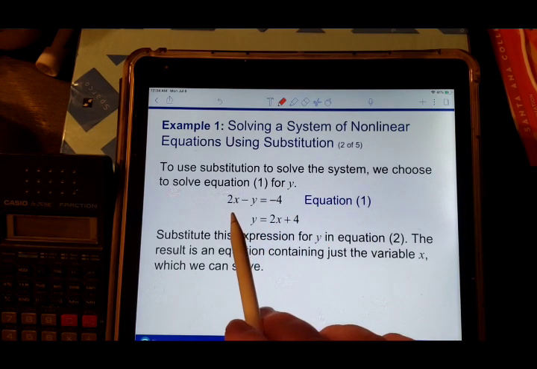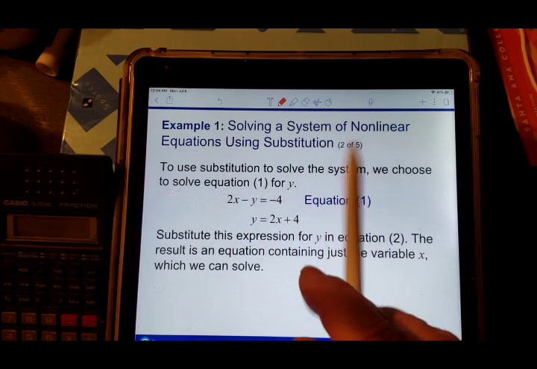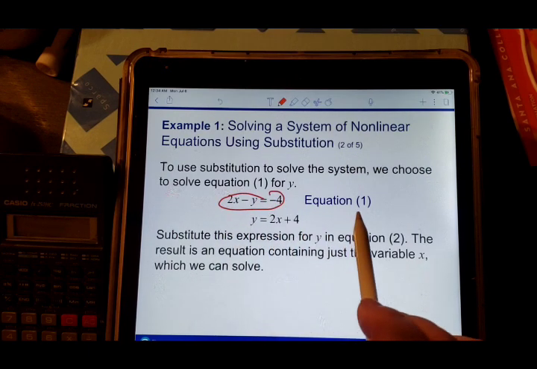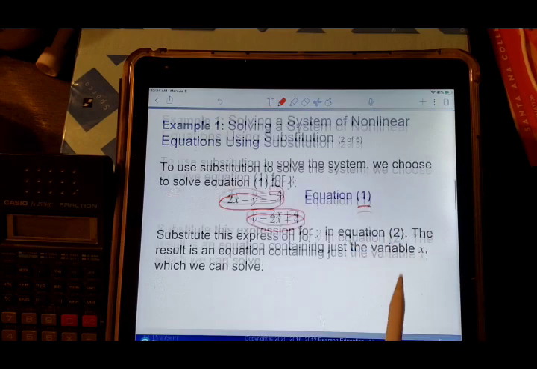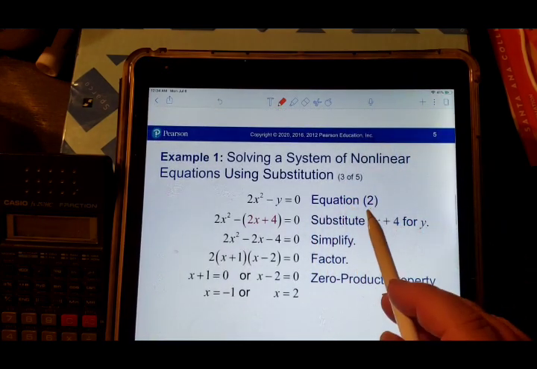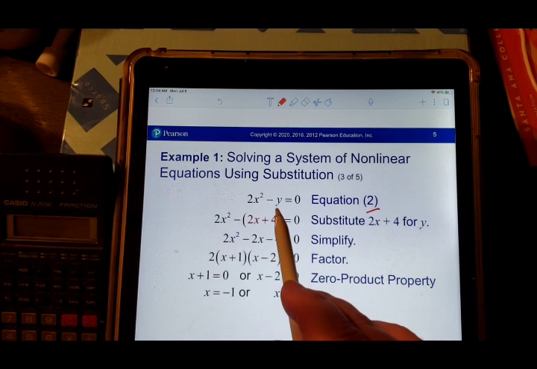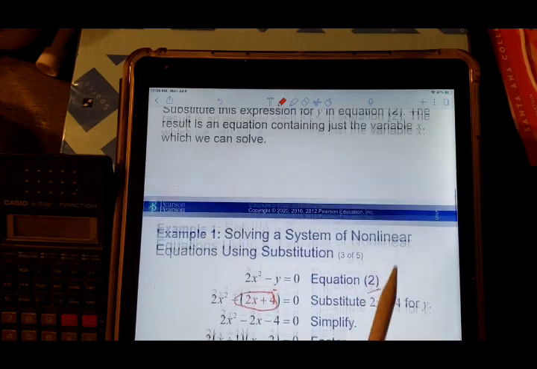All right, so what the author did was take the linear equation, equation 1, and solve for y, and then take equation 2, and if you just follow what we have here, replace y with what y is equal to.